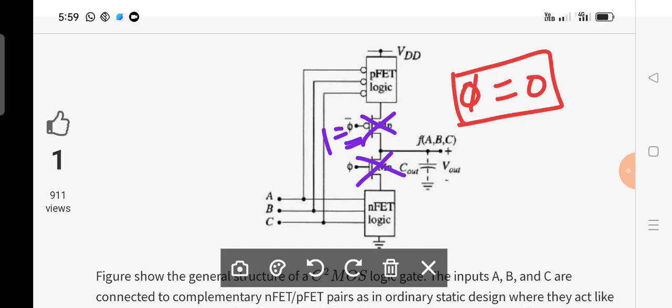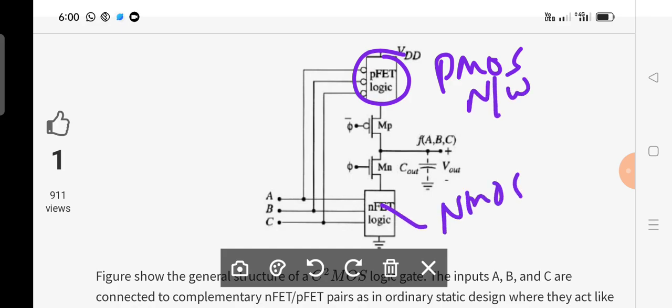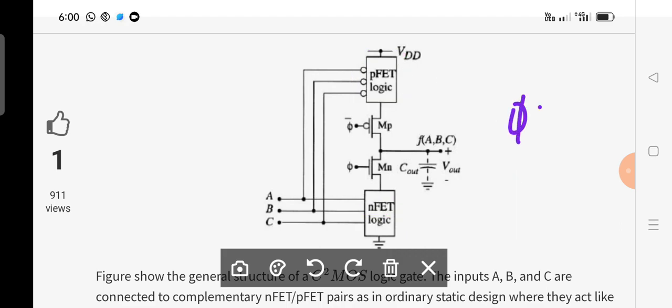Therefore, you do not have any path from either the PFET logic or the NFET logic. Is it clear? Now don't forget, what is this PFET? We have to call it the PMOS network. Absolutely, it is a PMOS network itself. It is the NMOS network itself. Don't confuse with this FET. Is it okay? Now you can observe that when phi is equal to 0, this network doesn't have any connection to the output side and this network also doesn't have any connection to the output side.